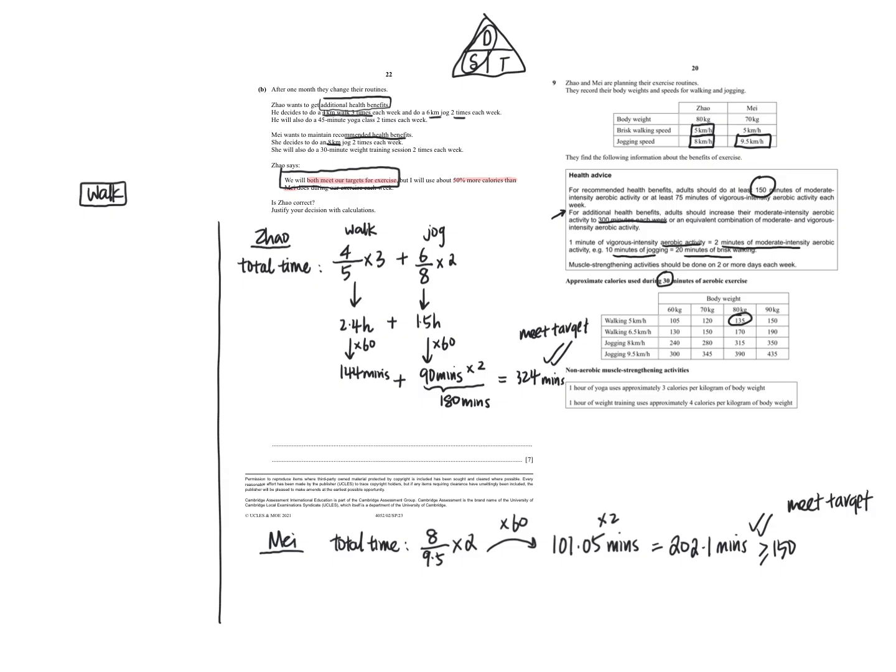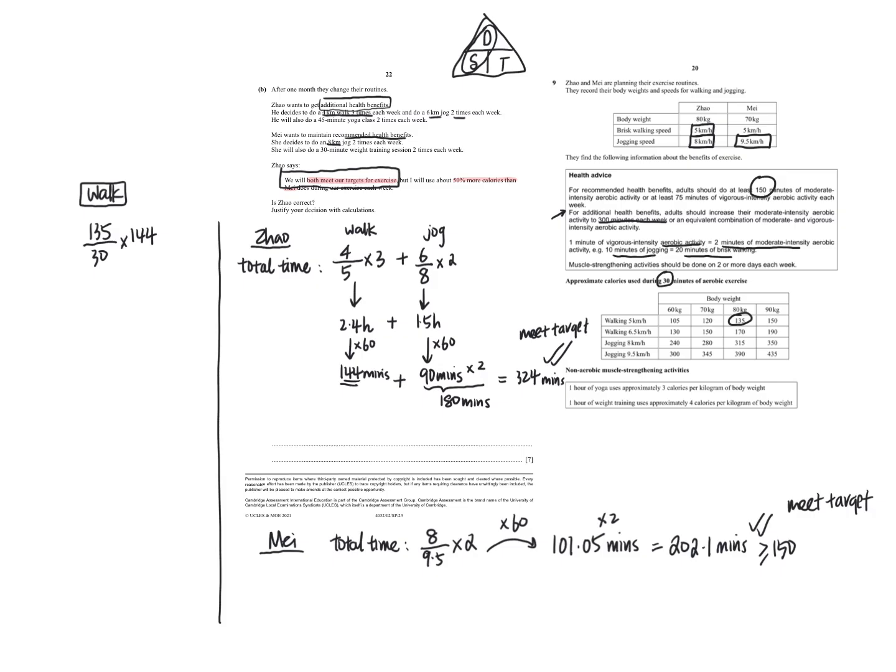So I will just calculate 135 calories, I will divide by 30 minutes to find out per minute how many calories I burn first. And then I multiply by the 144 minutes I walk. This is the amount of calories from walking.